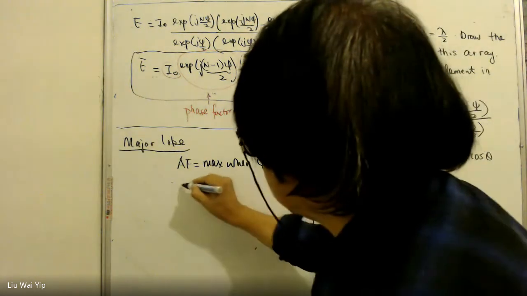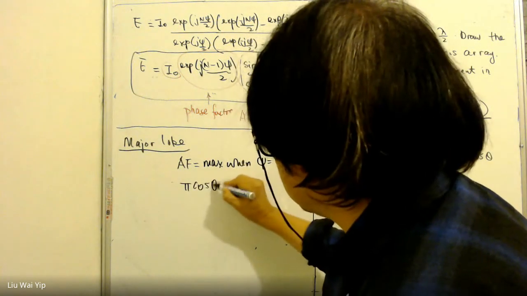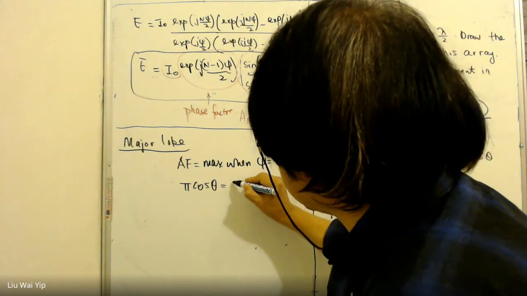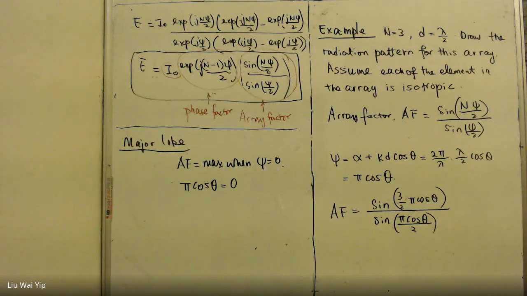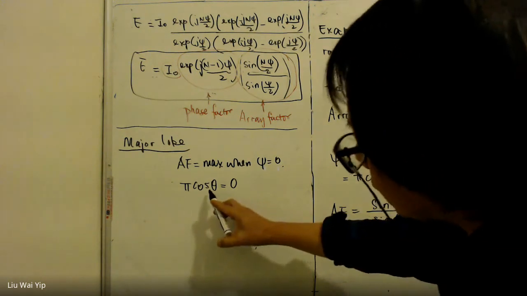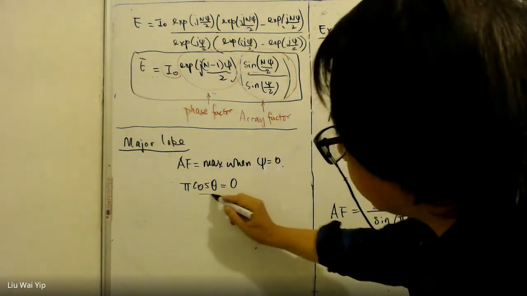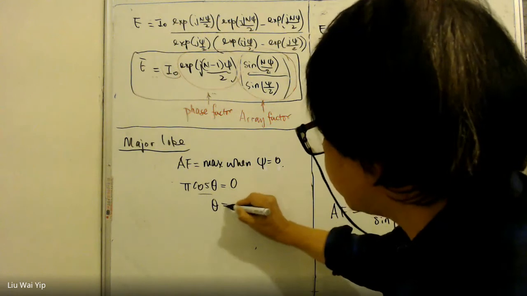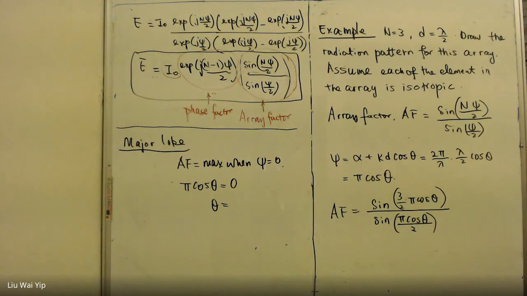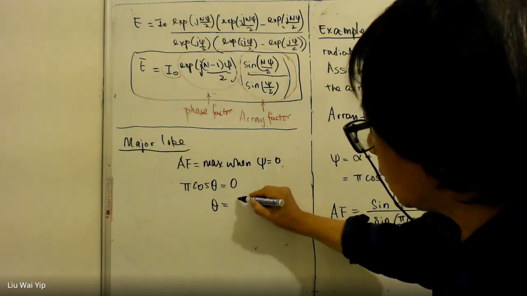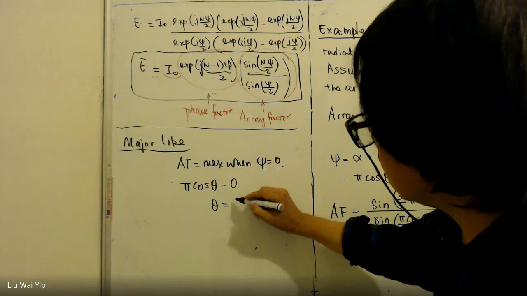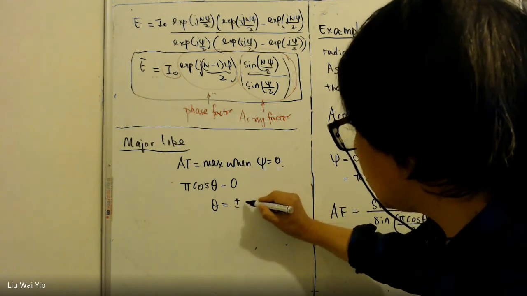So if this is the case, the only angle that will end up with 0 is what? 90 degrees plus or minus 90 degrees.